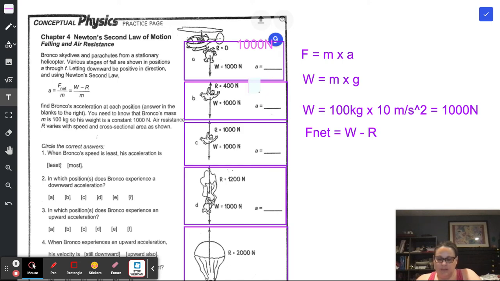So 600 newtons. Net force for C will be 1,000 minus 1,000, so 0 newtons. D will be negative 200.